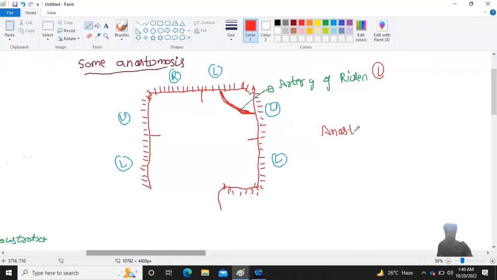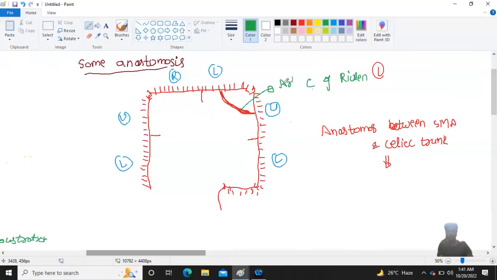This is not actually an artery, this is called an arch.